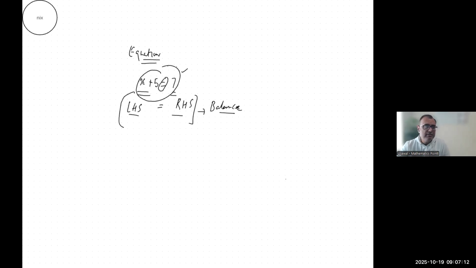Now, in real life, equations, or most of the time linear equations, are very commonly used without us really being aware of it.